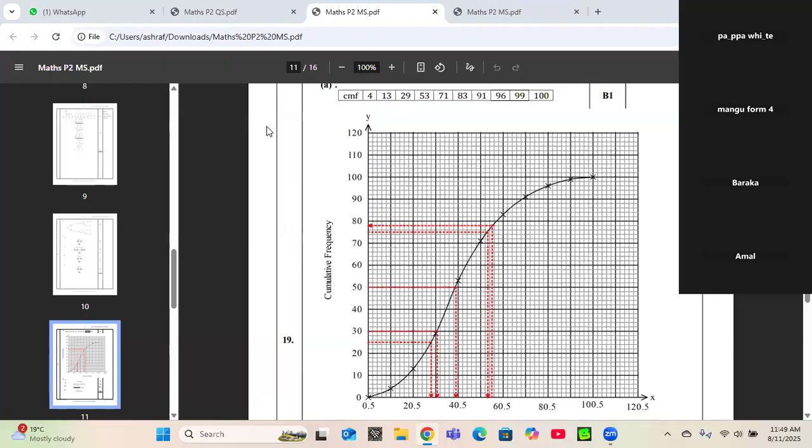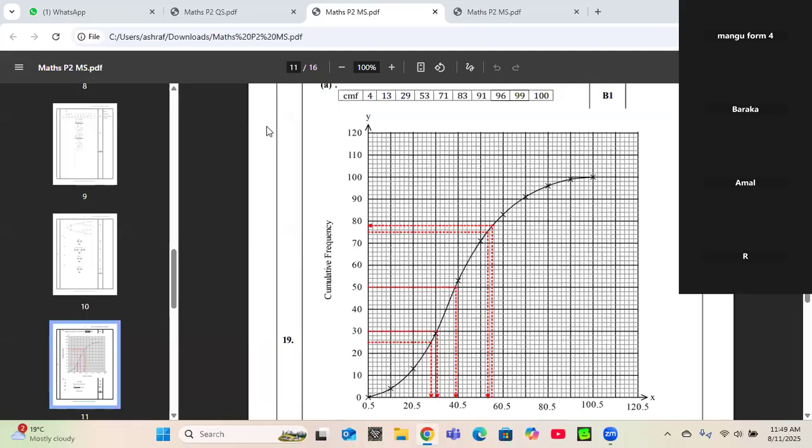Papa, your hand is up. Unmute yourself. Are you able to see the curve? So I'm assuming we can see it.